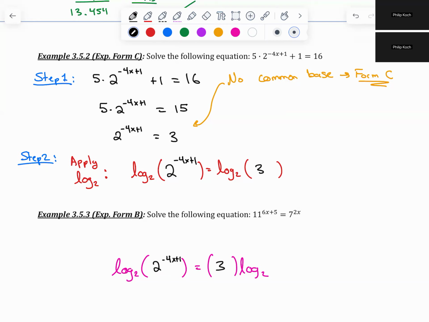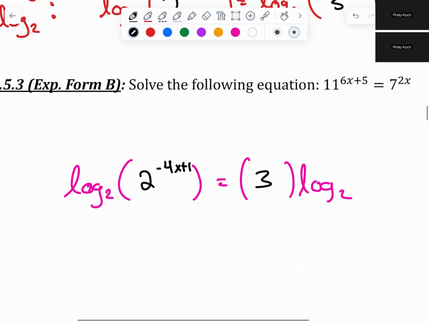And I will mark down for this because this is not mathematically valid. If you write down the thing that I wrote in pink down here, that is not mathematically valid because log base 2 is an operation on something. If I write it like that, that's saying log base of 3 times log base 2 of blank. And there's nothing to plug into log base 2, so it's not mathematically valid.